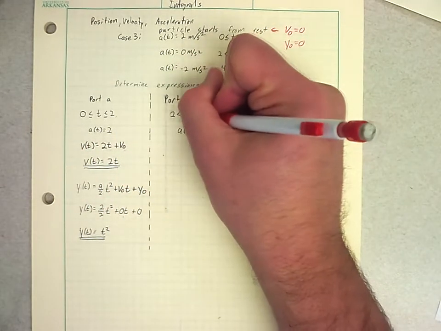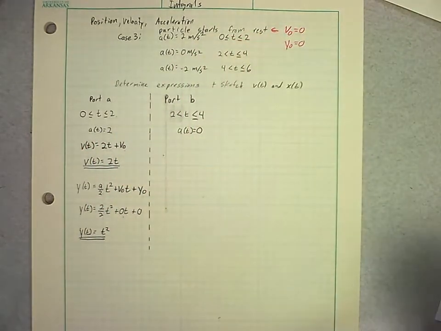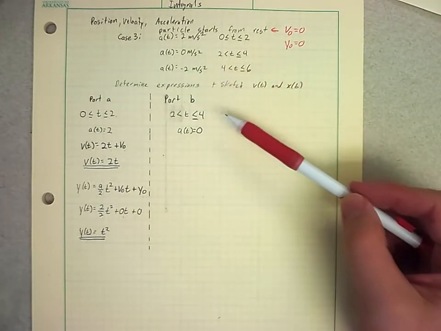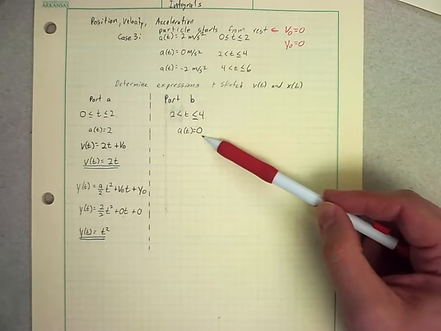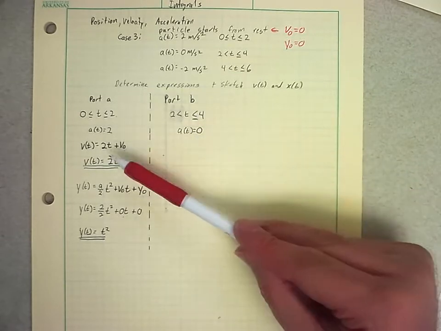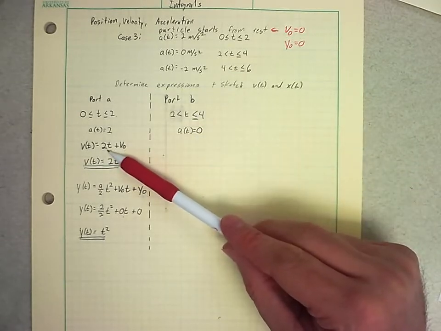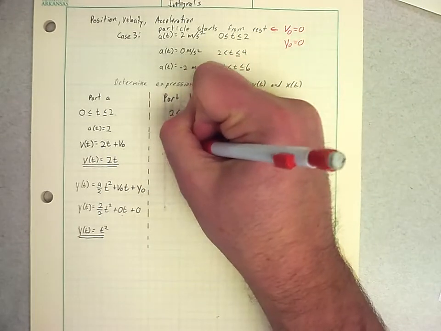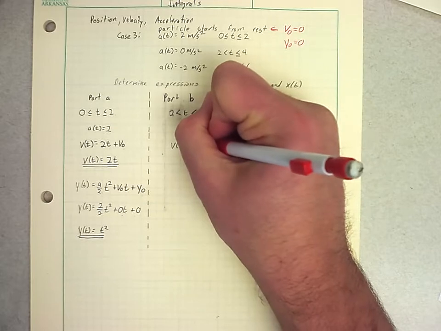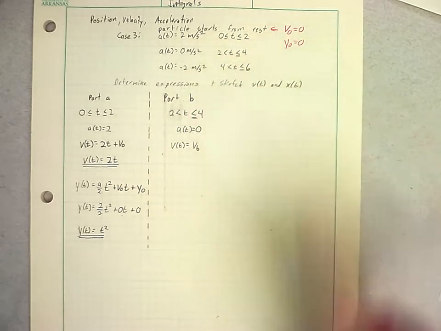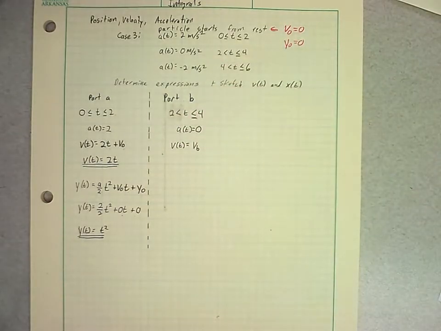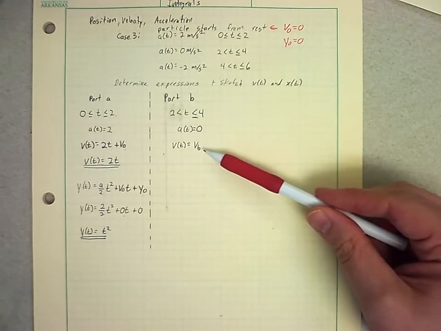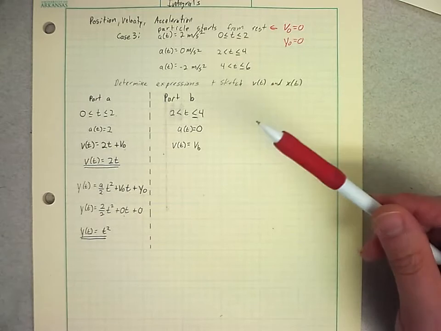Now the part that goes from 2 to 4 seconds. That one, it says the acceleration is 0. Well, if the acceleration is 0, then the velocity, which for a constant acceleration is that acceleration times t plus v0, then v of t just has to be a constant velocity, and I'm going to call it velocity b for right now, because it's not really the velocity of 0, because we're not starting at 0.